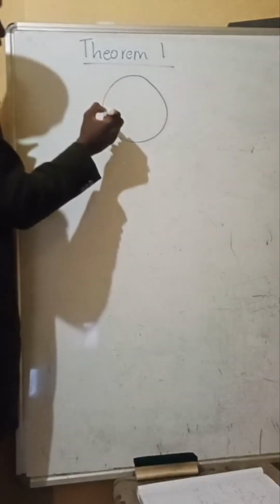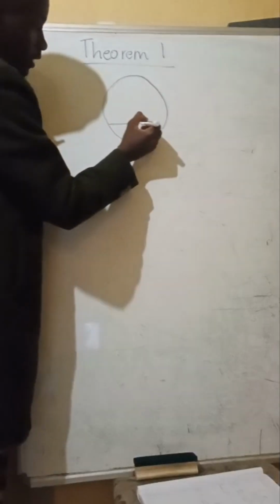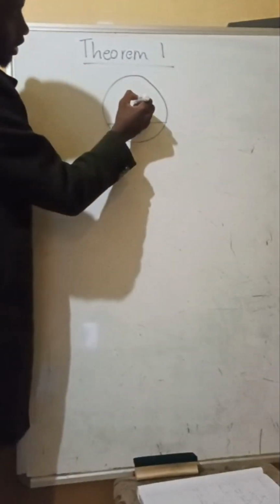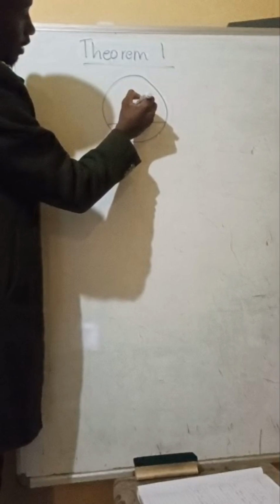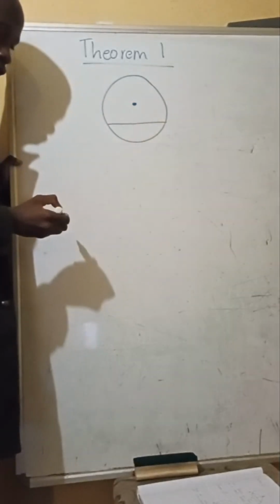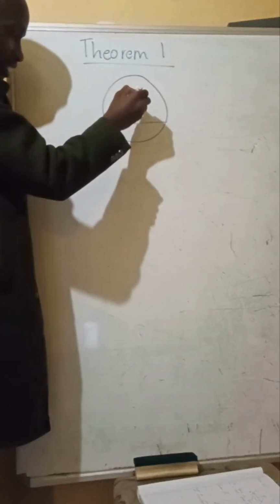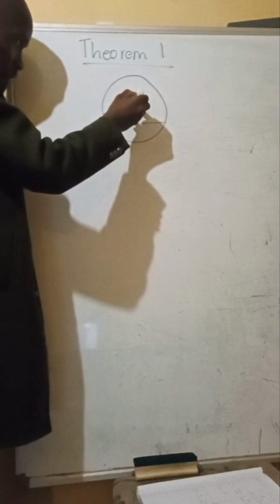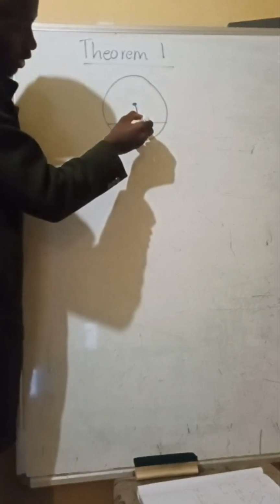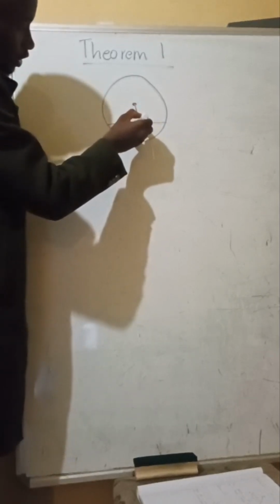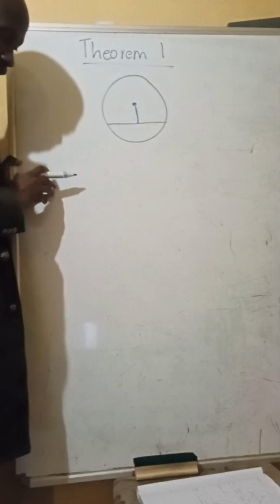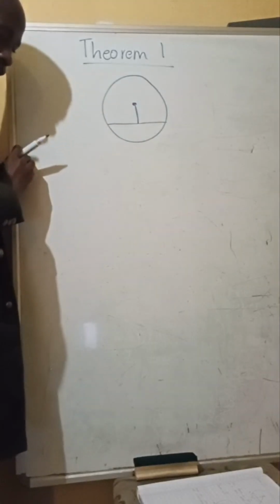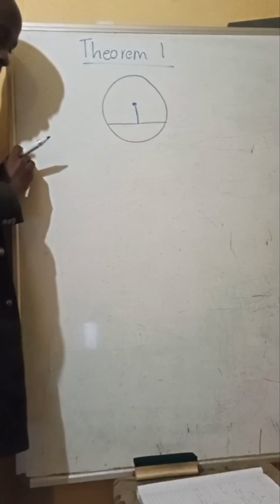In other words, if we have a chord here like this, and then let's say here is our center, the line drawn perpendicular from the center of the circle to a chord bisects the chord.